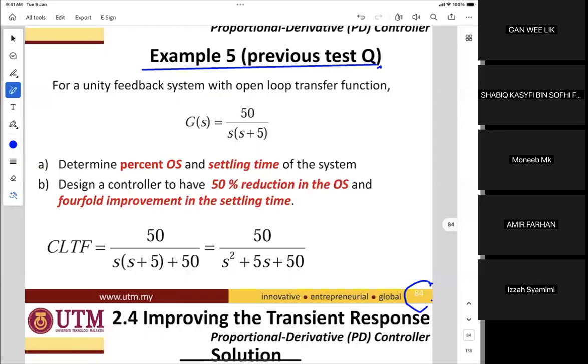A. Determine the percentage overshoot and settling time of the system. B. Design a controller to have 50% reduction in the OS and 4-fold improvement in the settling time. Okay, closed loop transfer function.